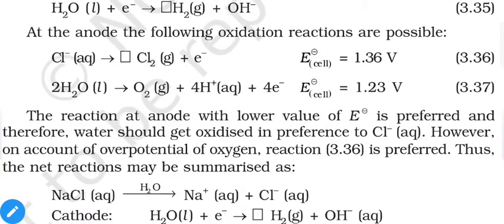In this reaction we are talking about the anode, so the lower value will be preferred. The lower value belongs to oxygen, so instead of chlorine, oxygen should be produced on the anode. But oxygen requires overpotential. As discussed earlier, certain elements require more activation energy, or overpotential. That's why the reaction of oxygen won't start at lower energy. That's why the reaction of chlorine will occur and you will get Cl2 on the anode.